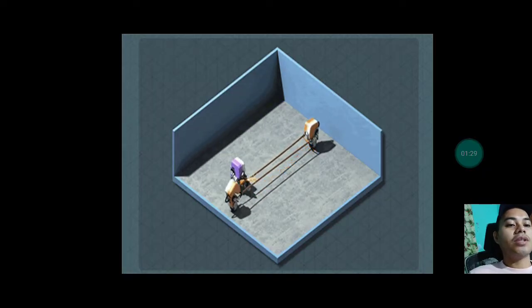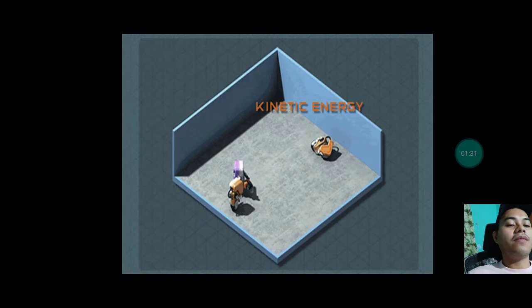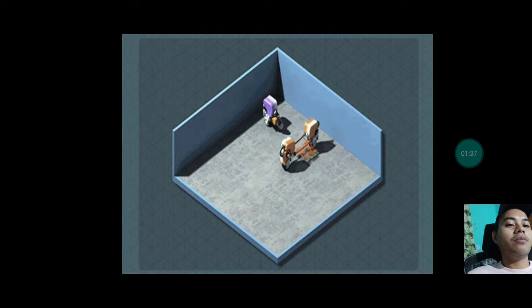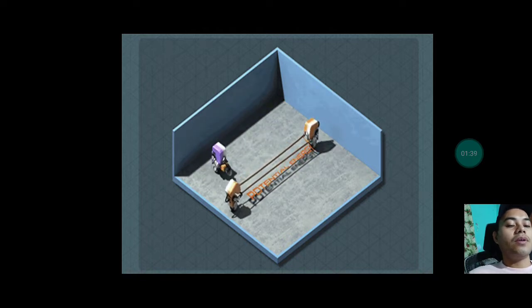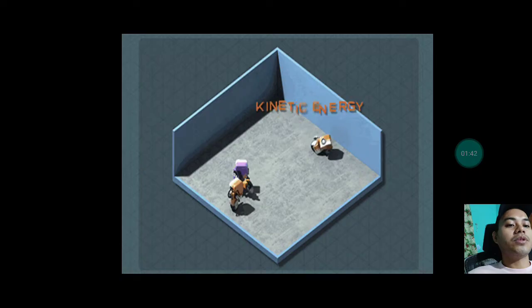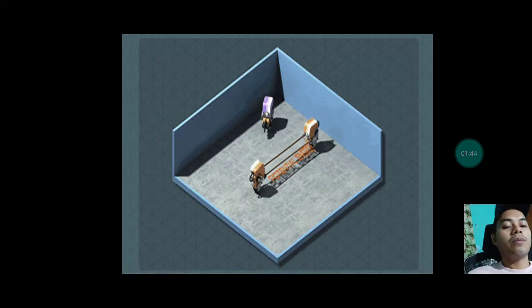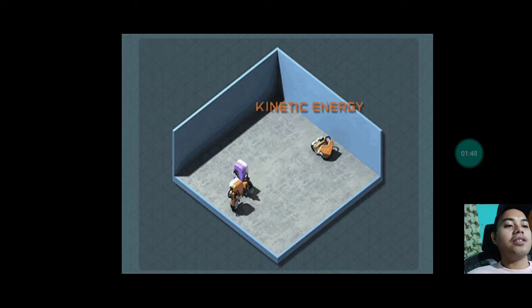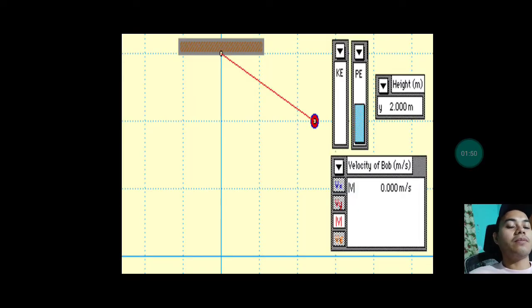So that is potential energy. And then when the violet or purple robot cuts the elastic rope, there is a movement of the rope, so that is kinetic energy. Potential energy is energy at rest, while kinetic energy is the energy in motion.